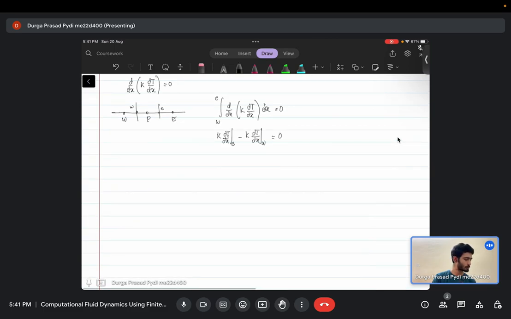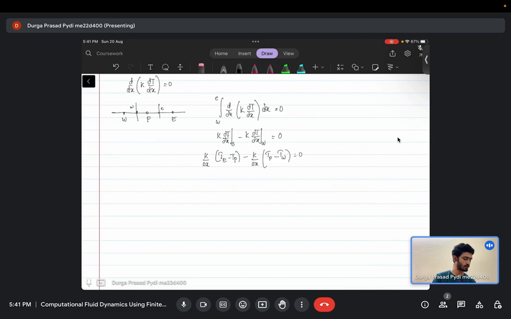So this will again come to k over delta x times T east minus TP, minus k over delta x times TP minus T west, equal to 0.